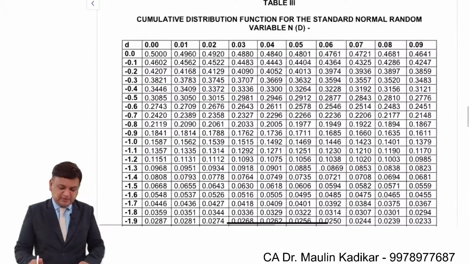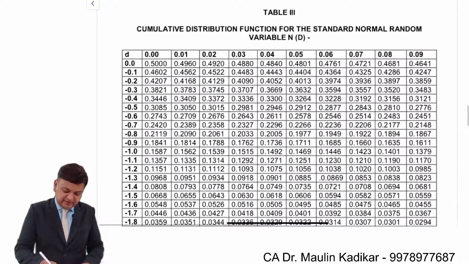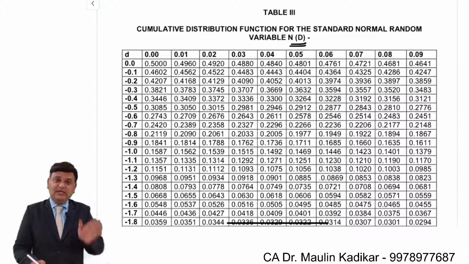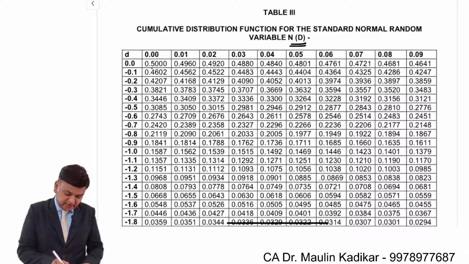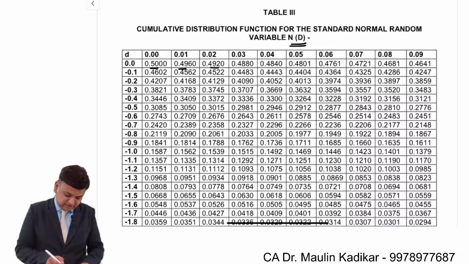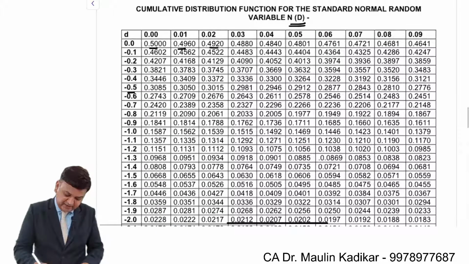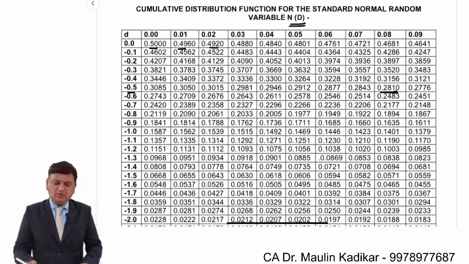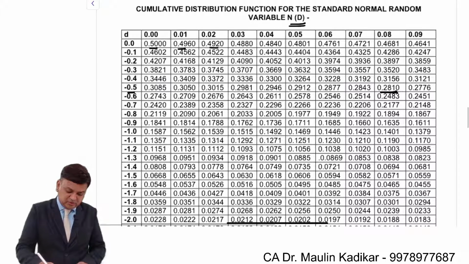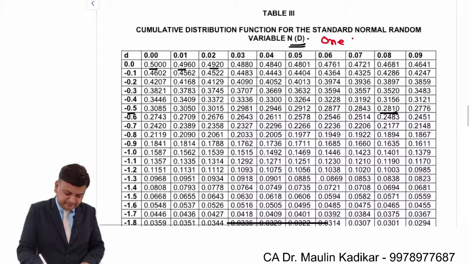Next, we may be provided with table 3, wherein ND minus may be provided to us. So in that case, the reading is falling down. You can see that 0.5, 0.49, 0.492 and so on. So in that case, you have to understand again the opposite side reading is provided to us. So for 0.58, in that case it is 0.2810. Of course you understand that the opposite side reading is given to us. So this is similar to the one tail table.